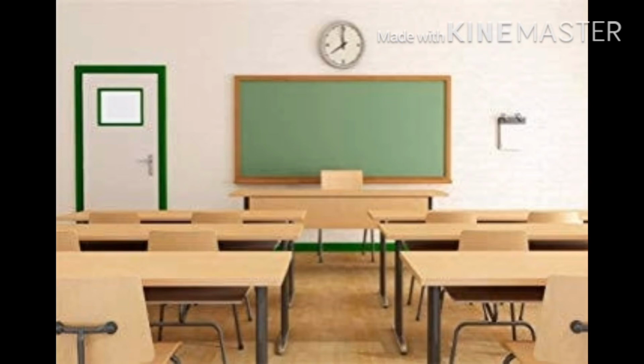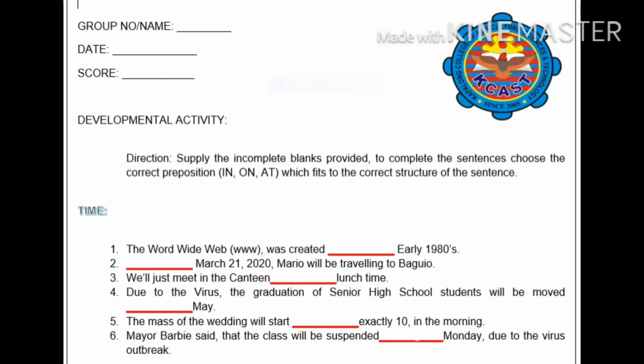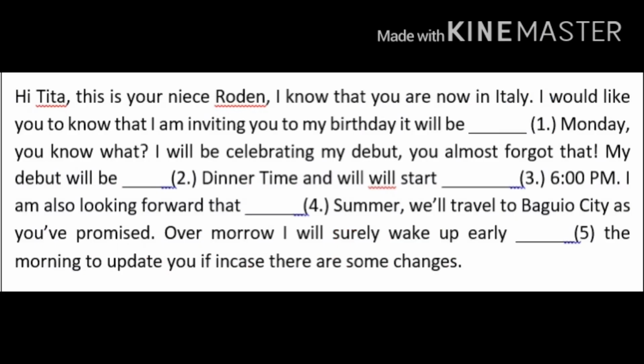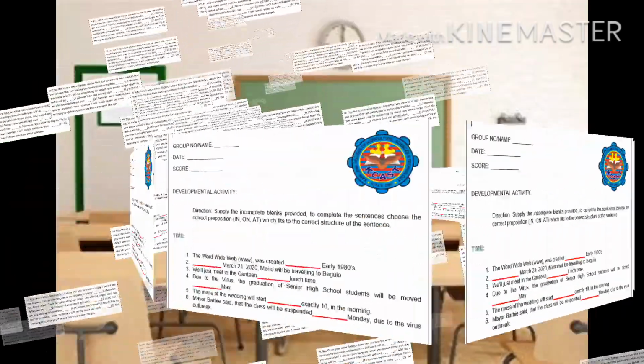Group 1 and group 3 have the same activity, while group 2 and group 4 have the same activity. Here is the direction. They are going to read the sentences.